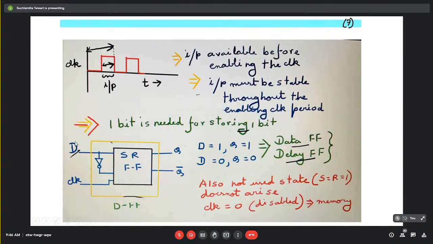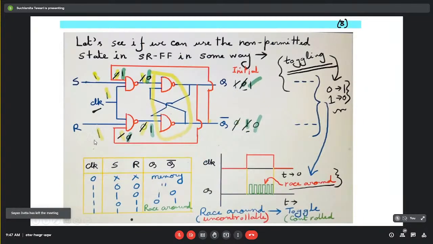If we put the value 1 over here, it is automatically taken as 1 and 0 as input. And if we put a value 0 in here, automatically it takes 0 and 1 as input. So when I give D equal to 1, it gets 1 and 0, and eventually at the output I get Q equal to 1 and Q bar equal to 0.